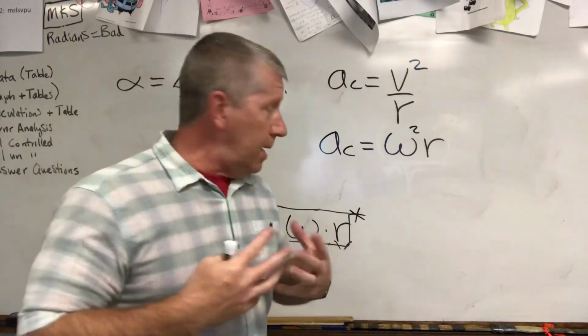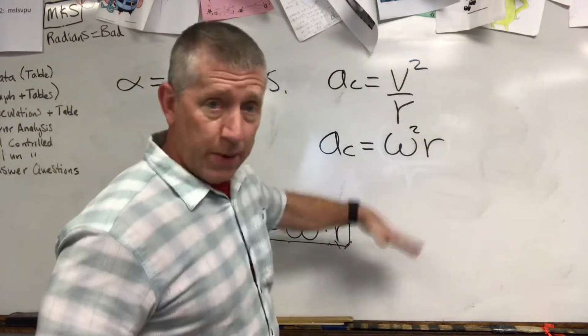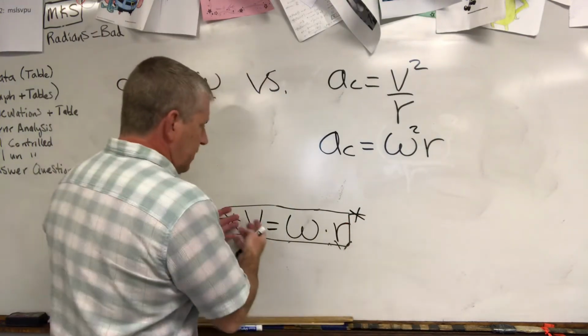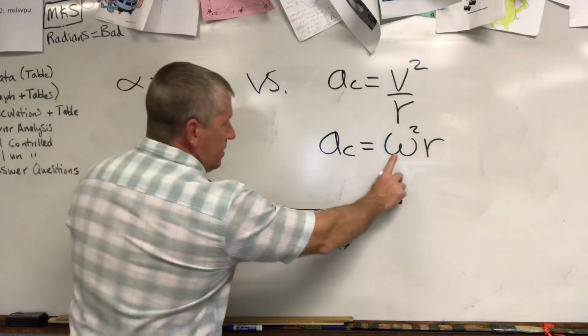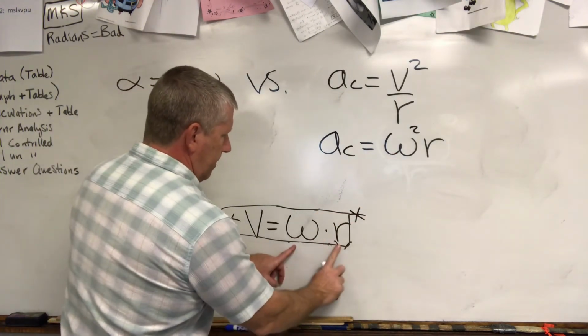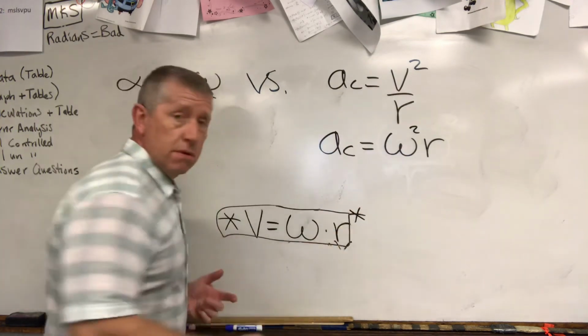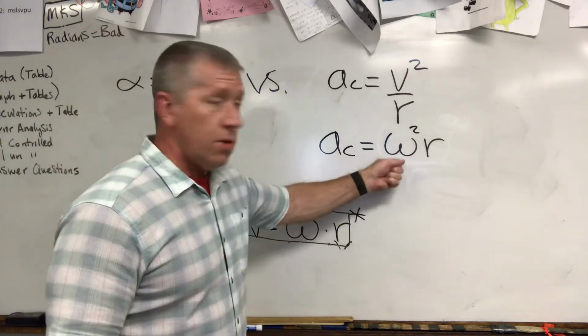Or maybe the circular acceleration, or thinking of those words we had over here. And I don't have this velocity. Well, you have two choices. You can take this, put it here, multiply by the radius, get your v, put it in here, and solve. Or you can save yourself a step and go ahead and put it right in this equation here.